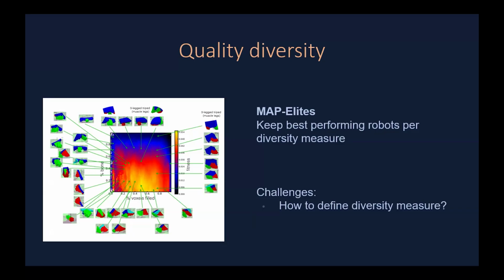I think there was one more question. What about learning multiple behaviors for individual morphology, not just locomotion? Do you want to take that one? I have some thoughts on that. I think that's a very good point. It should definitely be done, because if you just evaluate on one single task, it's very likely that you get a bit too specialized robot.